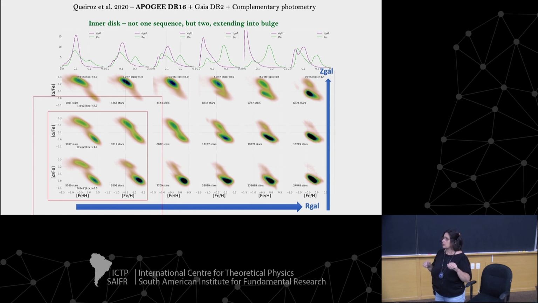That's true, because a lot of the bar is made by inner thin disk stars, and also maybe there are gas flows enriching a lot of the inner parts of the galaxy. So the bar has a lot of stellar populations, but it's dominated by very metal-rich stars. And that's why, if you want to see the signature that those stars came from the bar, if you look at the super metal-rich stars now here, you see this beautifully. And this is what is nice.